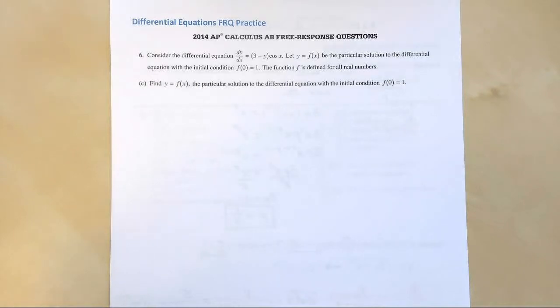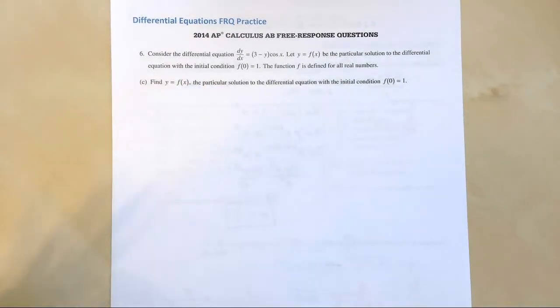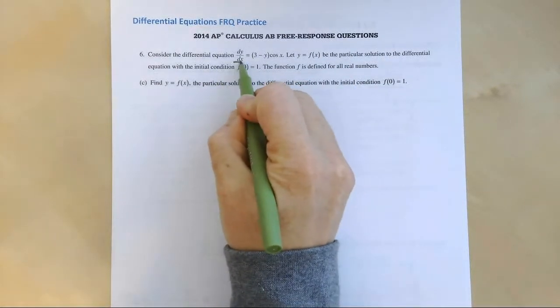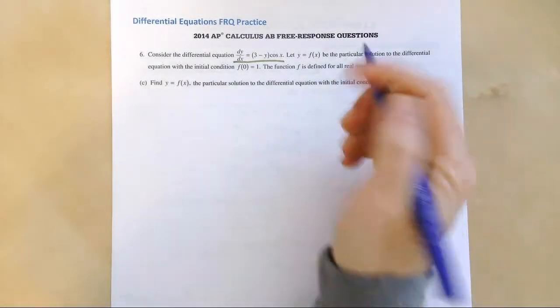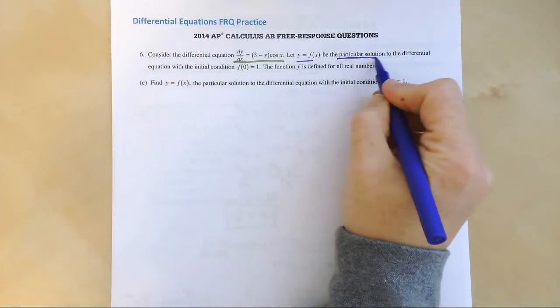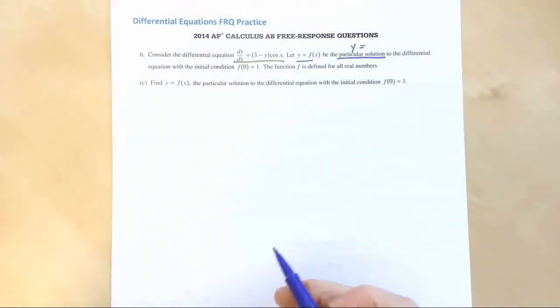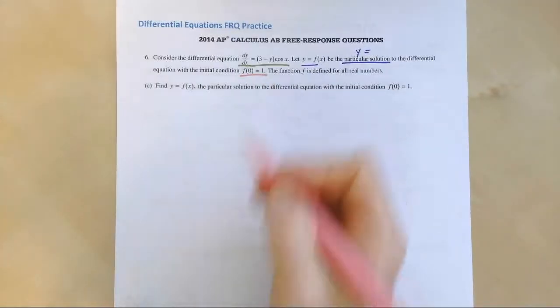So if you're struggling, go back to yesterday's notes. Let's just work through the very first part before you start. Consider the differential equation dy dx equals 3 minus y cosine x. Let y equals f of x be the particular solution to the differential equation with initial condition f of 0 equals 1.